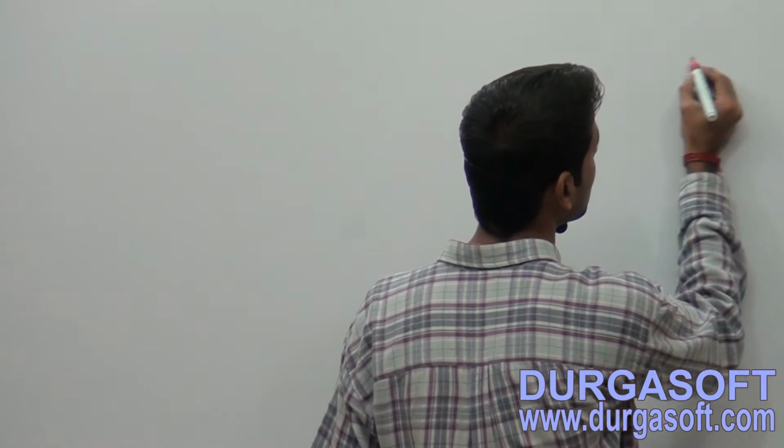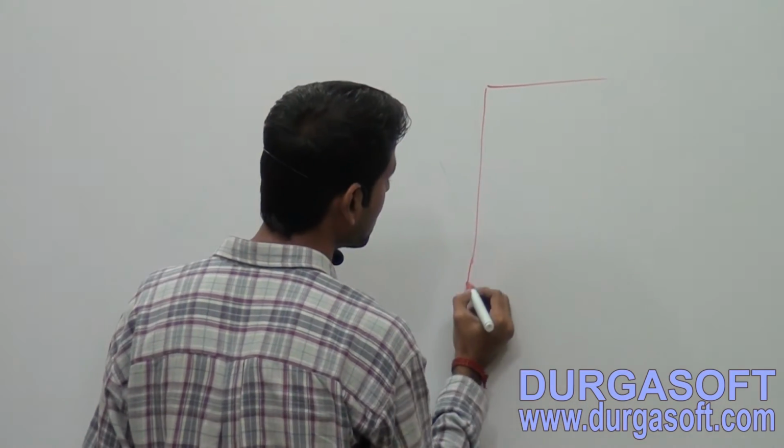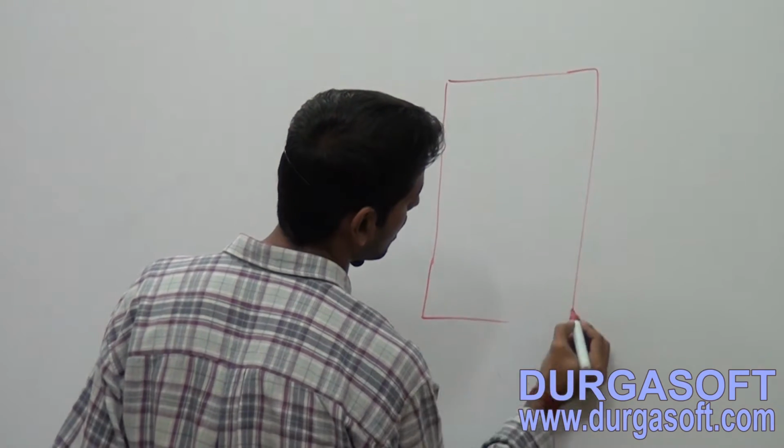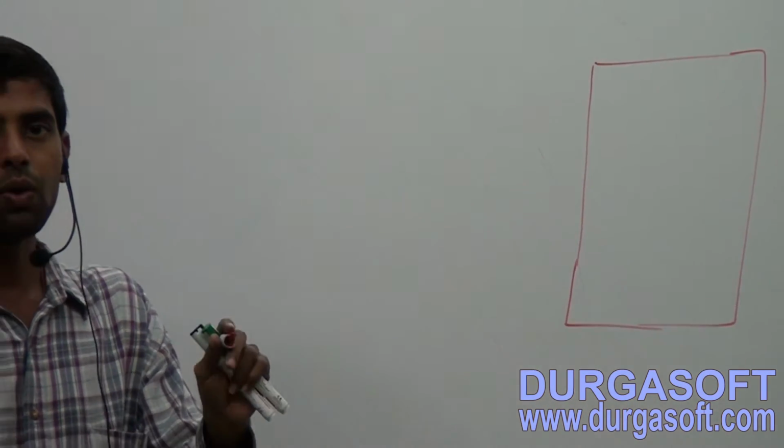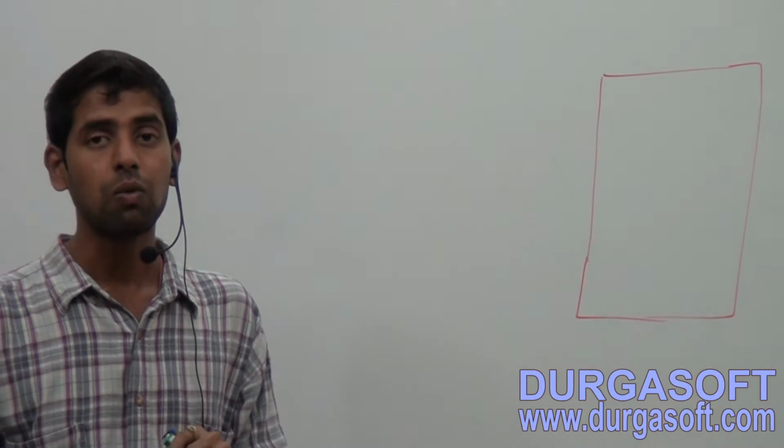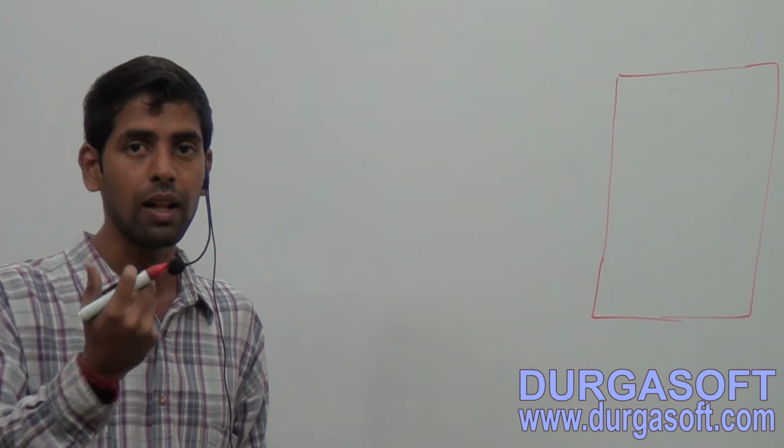For a while I want to talk about hashing related data structures, just the picture, just the skeleton. Hashing is a data structure where we store our data for fast retrieval.